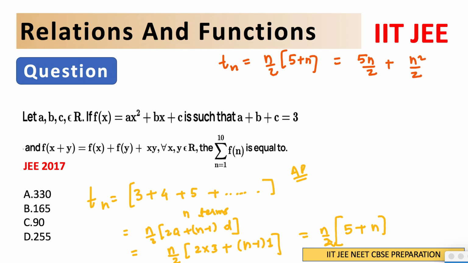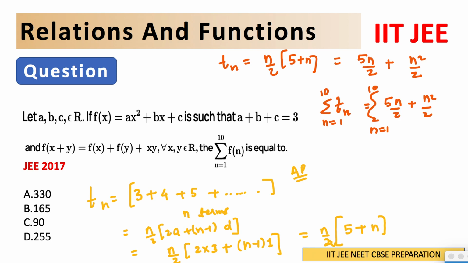This is Tn. And what was Sn? Sn is nothing but the summation of Tn, n is equal to 1 to 10. This is what we have to find out. So this will be the summation of 5n by 2 plus n square by 2, n from 1 to 10.